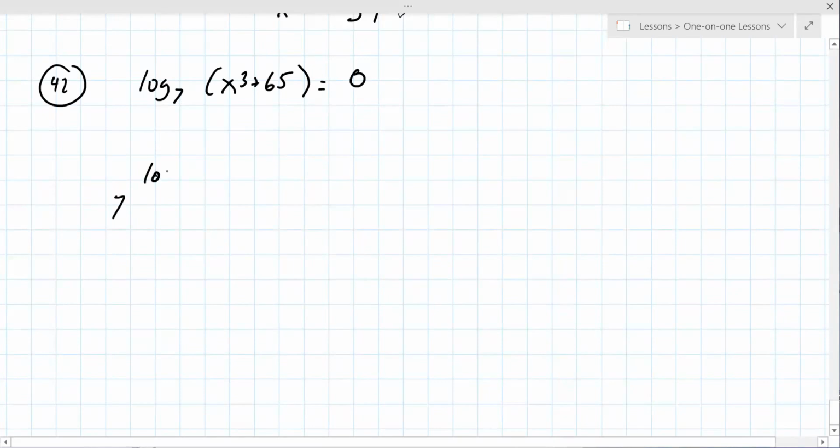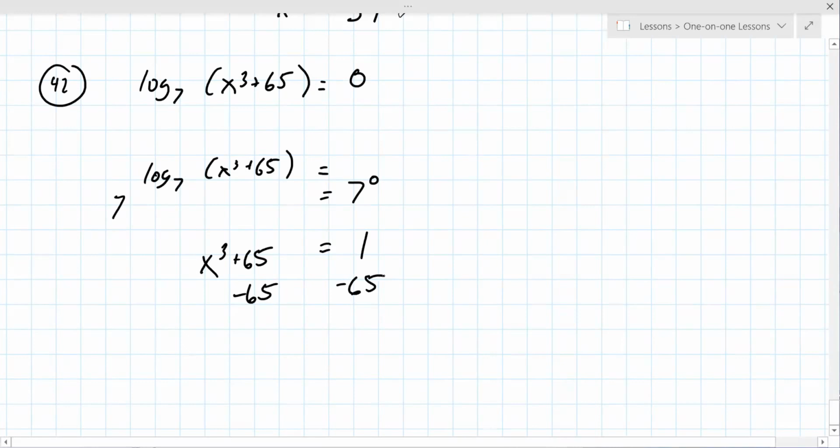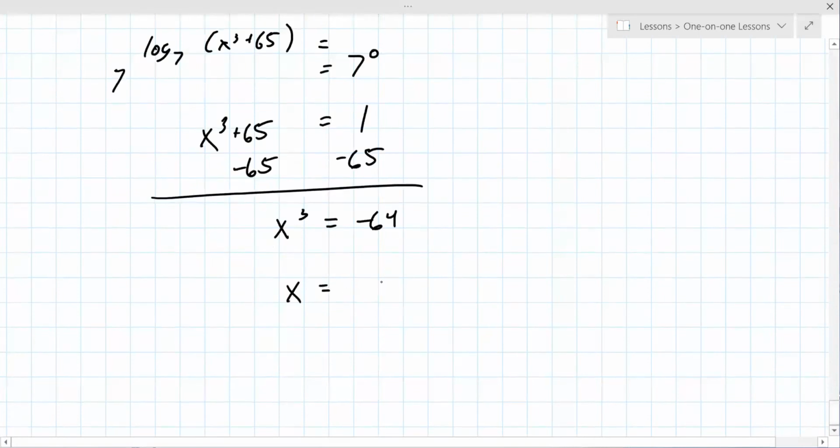So 7 to the log base 7 of x cubed plus 65 equals 7 to the 0. 7 to the 0 is 1. On the left, it becomes x cubed plus 65. You subtract 65 from both sides, and you get x cubed equals minus 64. Take a cube root of both sides, and you get negative 4.